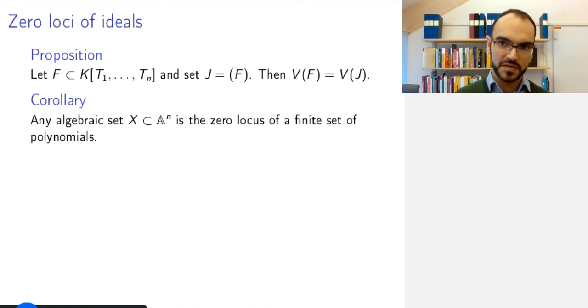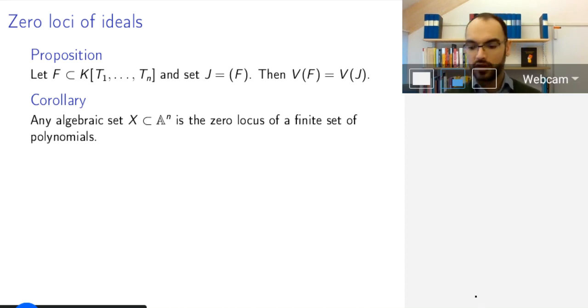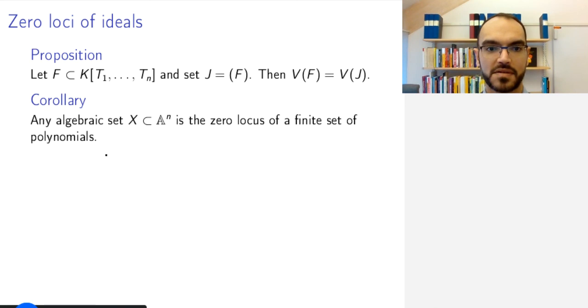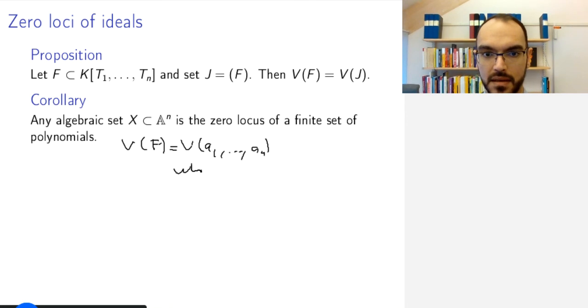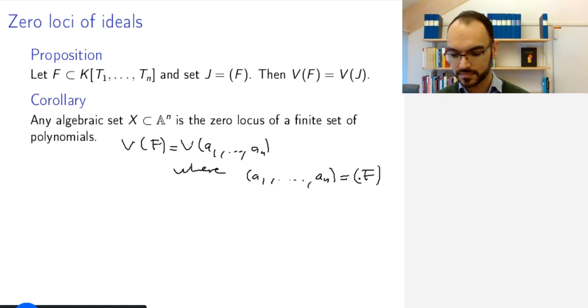But we've just proved through the Hilbert basis theorem that any ideal is finitely generated because this ring is Noetherian. So then you can take the vanishing set of a set of generators of this ideal. So V of F is V of A1 to AN, where A1 to AN generate the ideal generated by F.